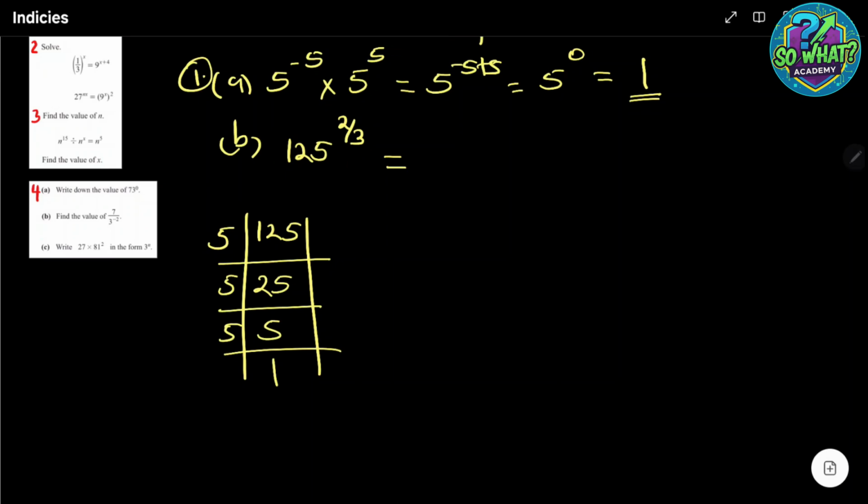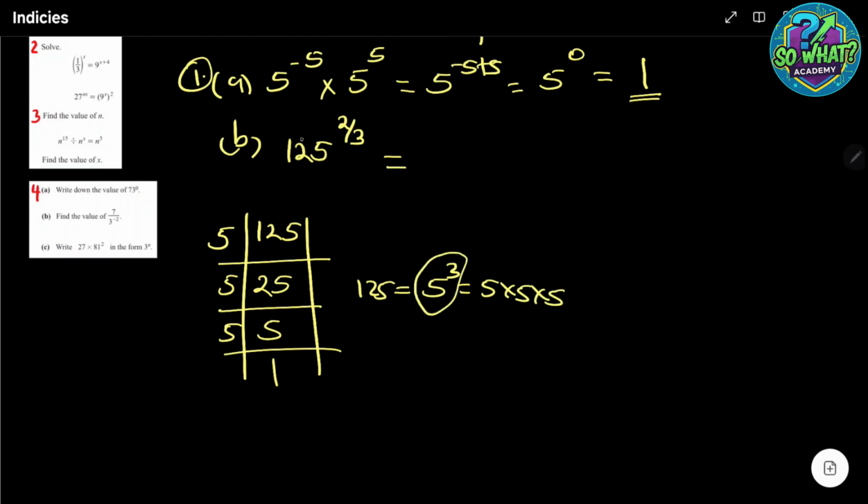So 2 was not going there, even 3 was not going there, so it was a 5, meaning that 125 is the same as 5 power 3, because it is 5 times 5 times 5.